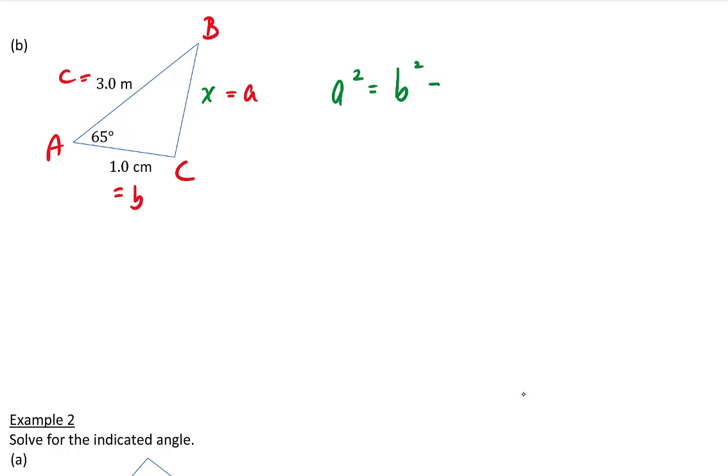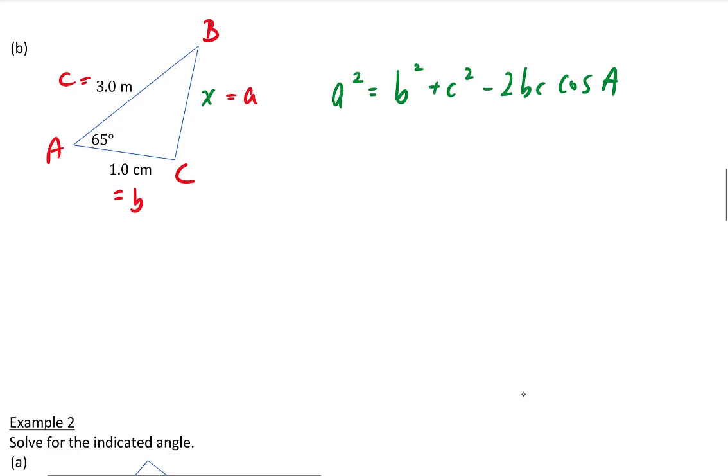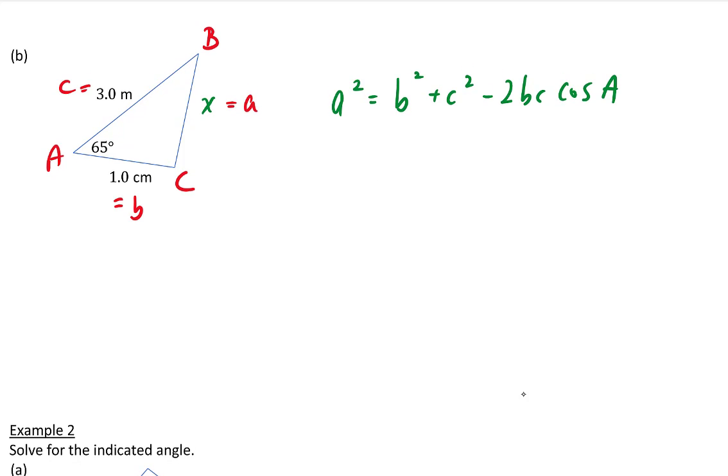So we have a squared equals b squared plus c squared minus 2bc cosine of angle A. So next is to sub in our values. So a is x, so we get x squared equals b is 1, so we get 1 squared plus 3 squared minus 2 times 1 times 3 times cosine of 65 degrees.